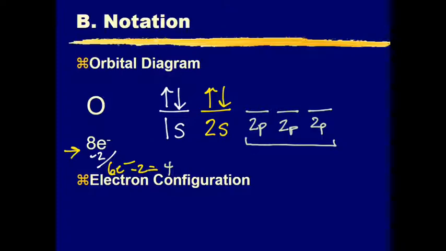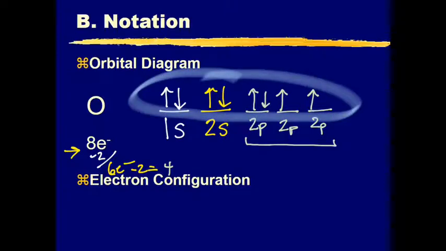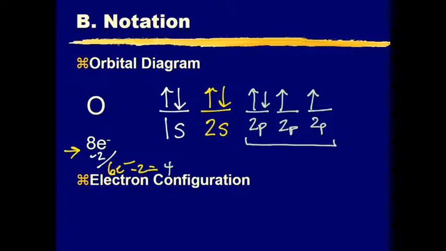We need 4 more electrons. Hund's Rule says you've got to spread them out first, 1, 2, 3, then go back and double up. We've doubled up. If you count the total number of electrons here, you should have 8 electrons. That is the orbital notation for oxygen.